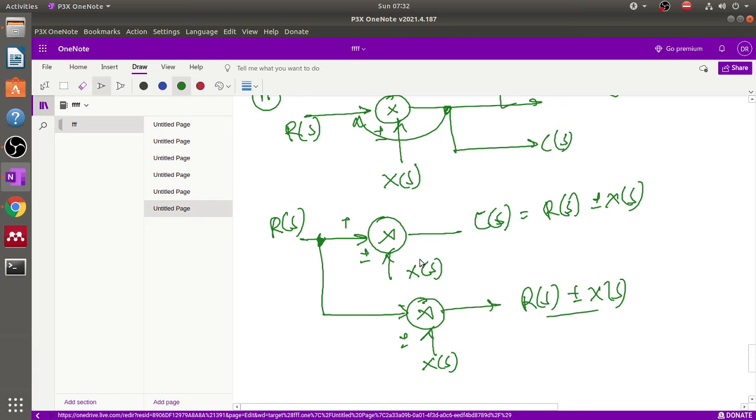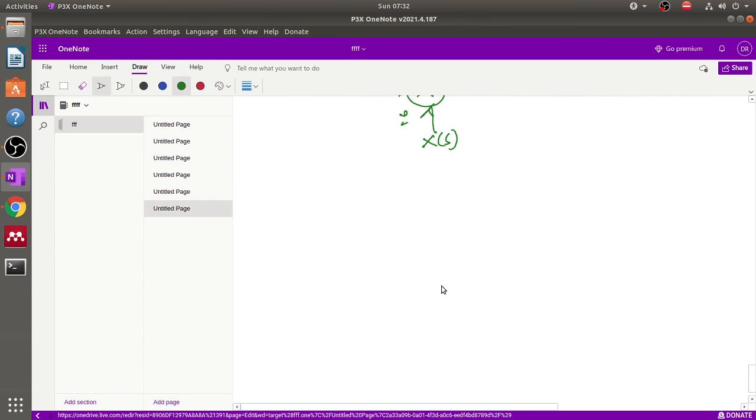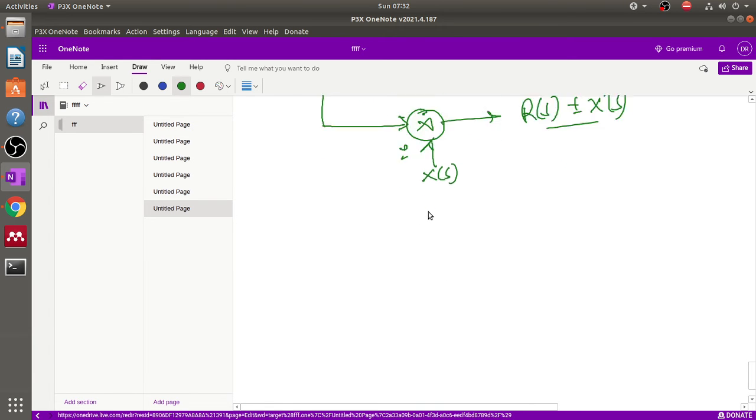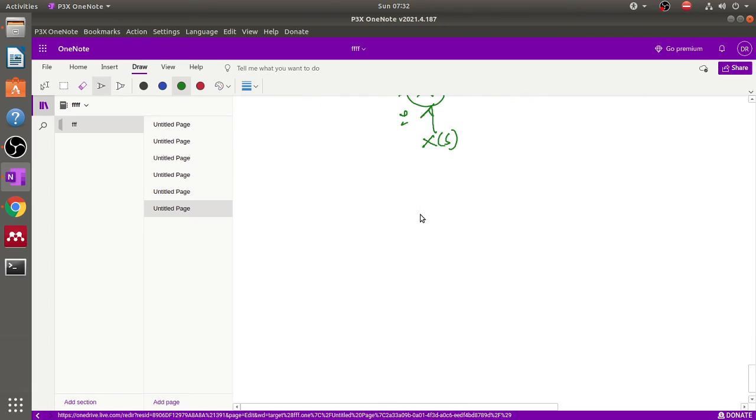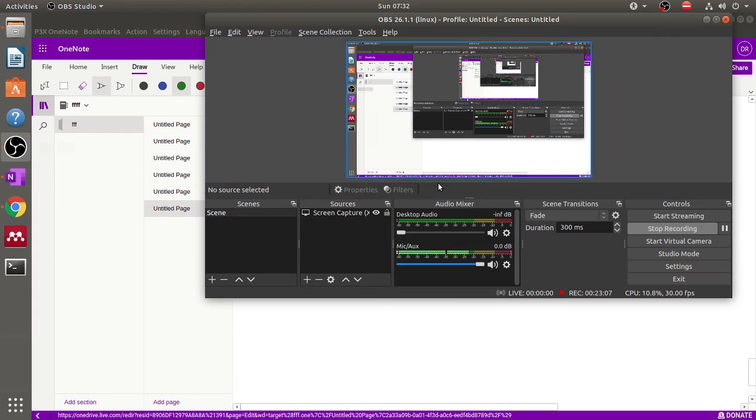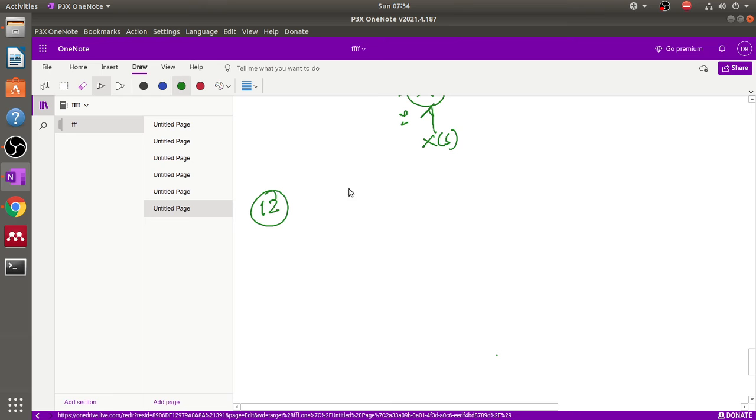Now this, a one feedback loop system, is known as a unity feedback control system, also known as a closed loop control system. Now this is very important. So this is number 12. Okay, now for this, first of all the open loop gain is considered as Gs.